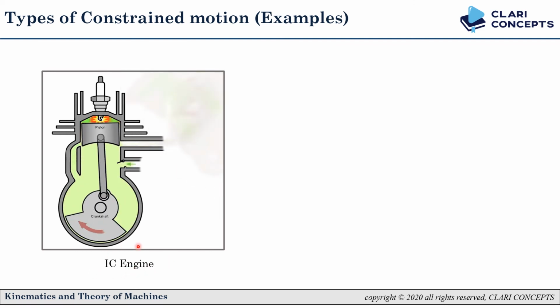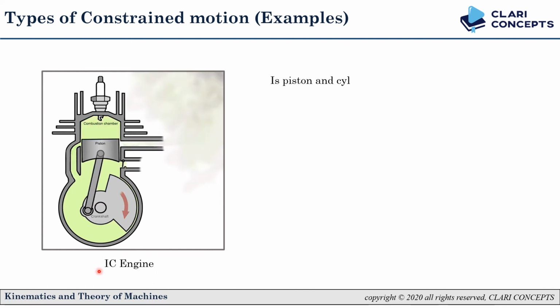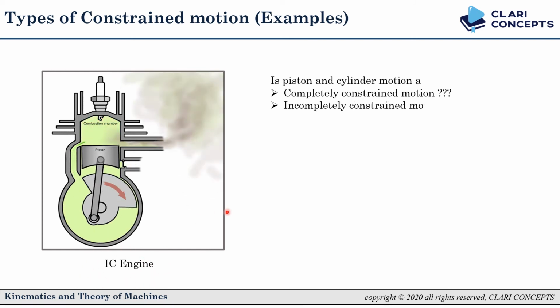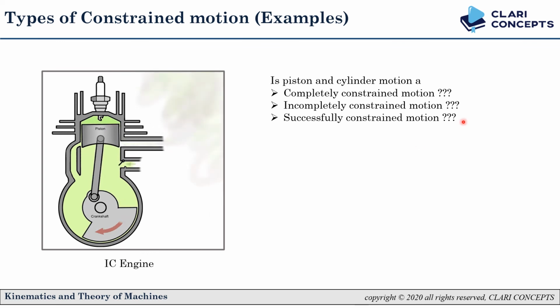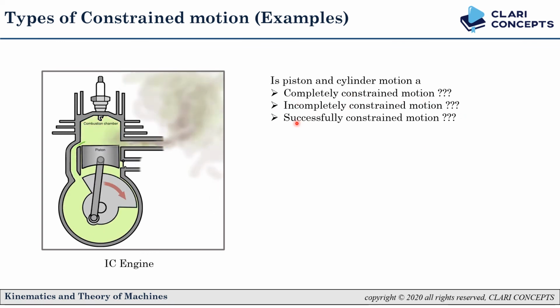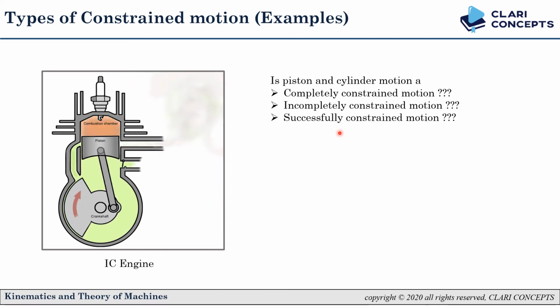Now we have taken the example of an IC engine over here. Just look at the motion of piston and cylinder. Is it completely constrained motion, incompletely constrained motion, or successfully constrained motion? Now piston means what?